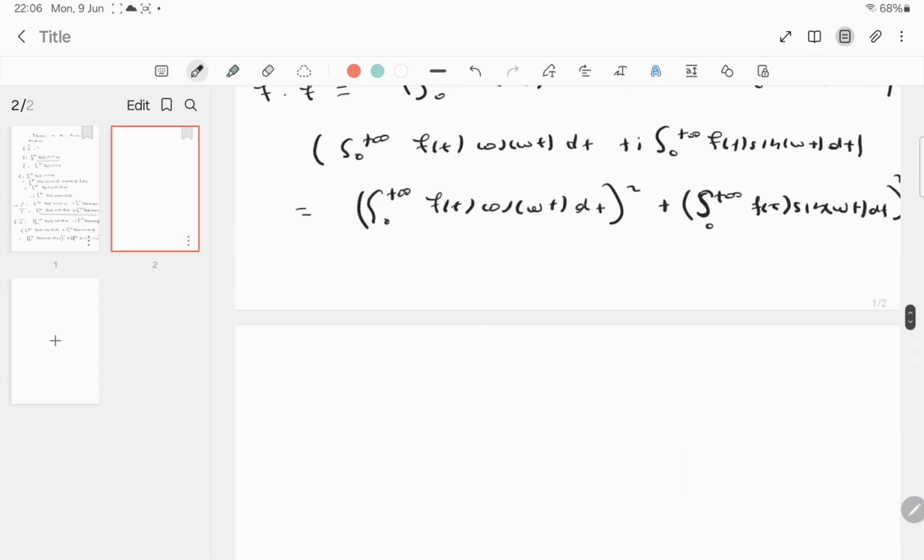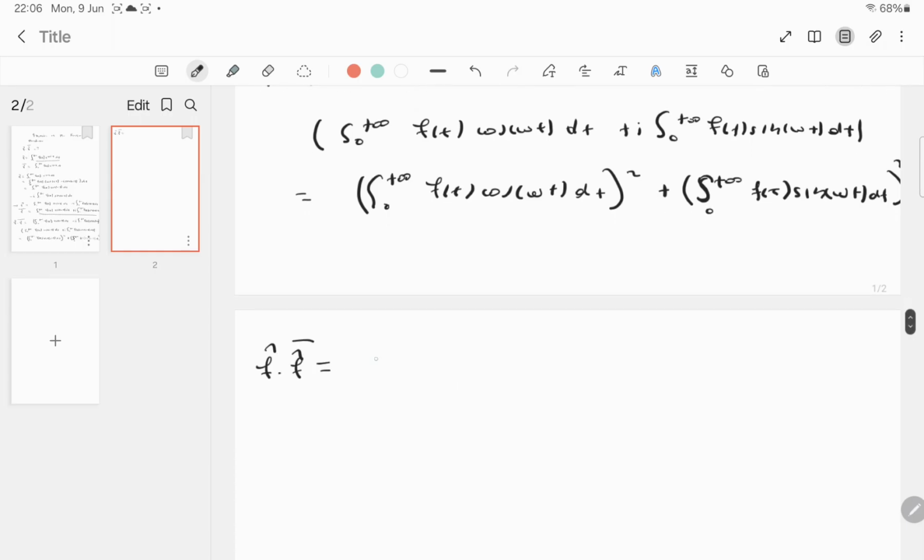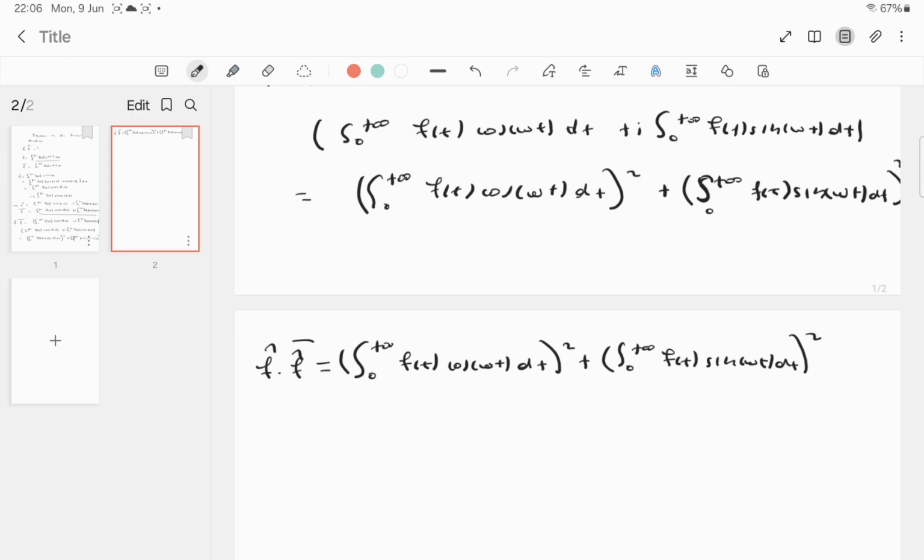So let me write underneath: f hat times f hat bar equals the integral from 0 to infinity of f of t cos omega t dt squared plus the integral from 0 to infinity of f of t sine omega t dt squared. That's the final answer. That's what I was looking for.